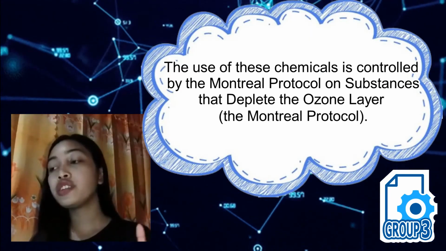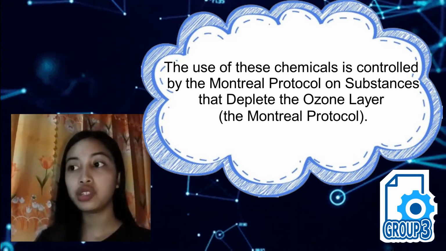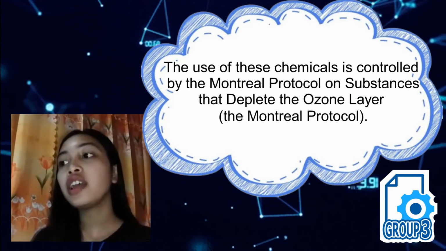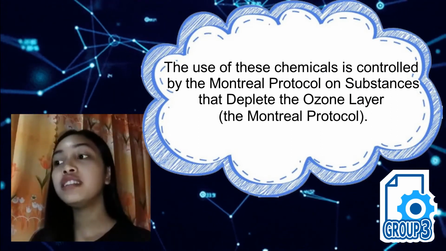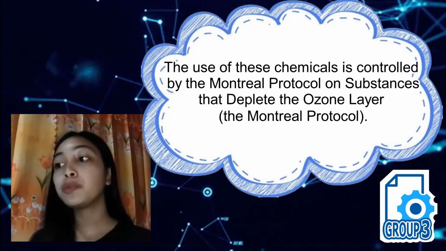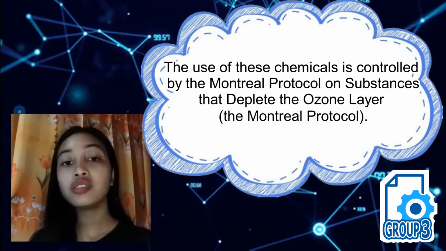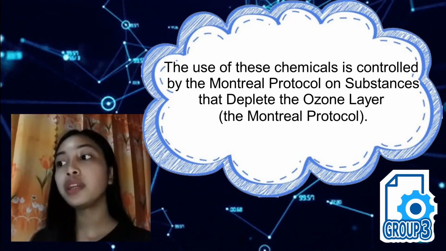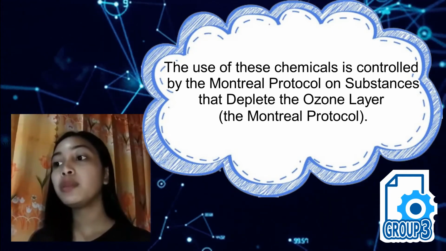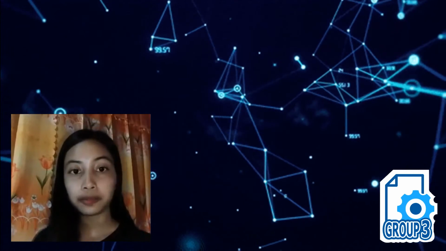For example, in 1987, 42 countries negotiating under the auspices of the United Nations Environment Programme signed the Montreal Protocol. This treaty called for halving the production of 5 chlorine-based chemicals that deplete the atmosphere's protective ozone layer by 1998.